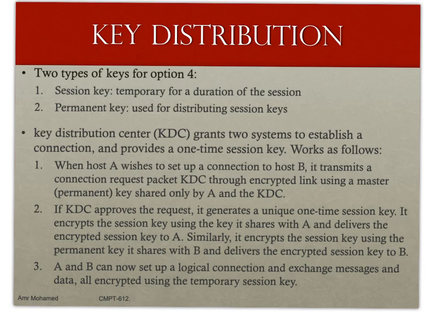For number four, we have two types of keys in that case. We have the session key, which is the shared key that's temporarily deployed to A and B to communicate. And we have a permanent key, which is used to distribute the session keys.